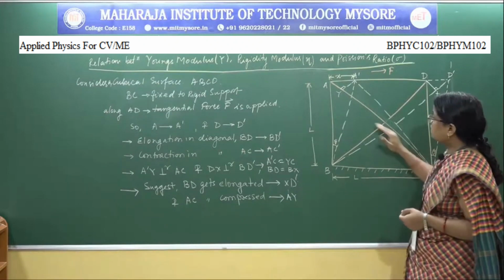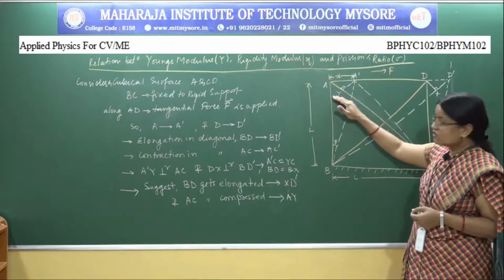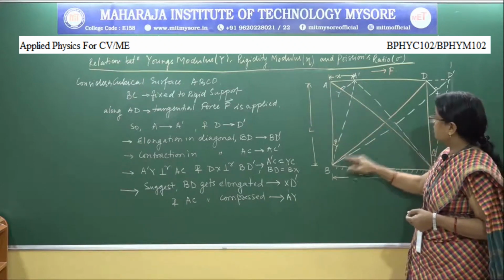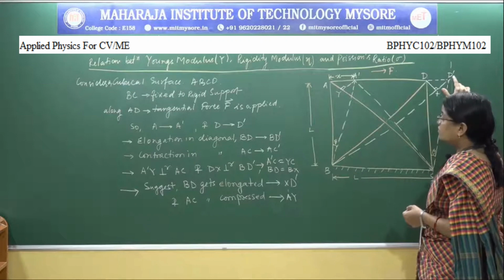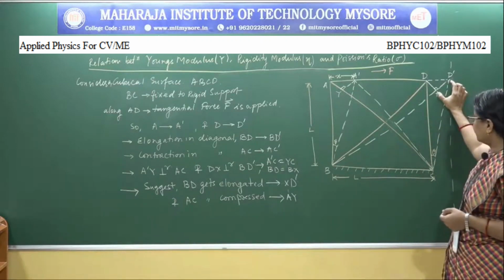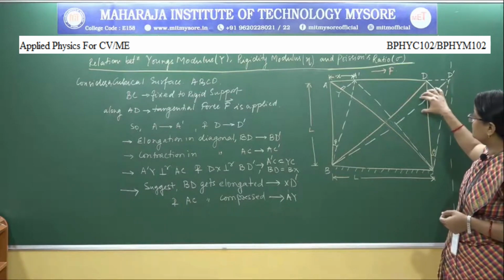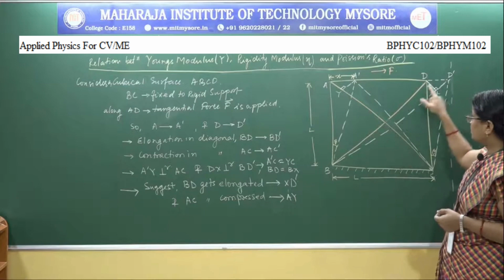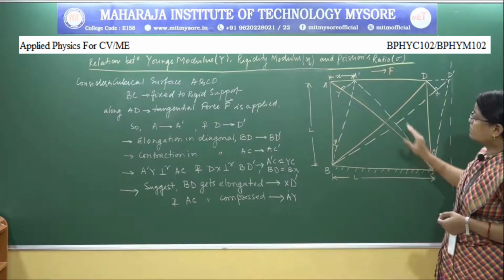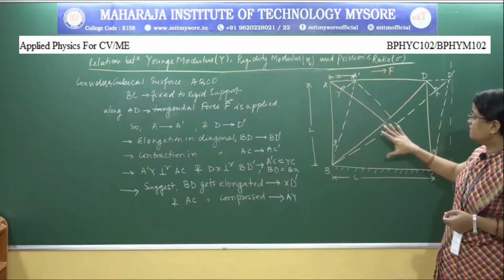And there is a compressive stress along AC which also helps in the elongation of the diagonal BD. So the change XD dash, we understand, is due to the tensile stress along BD and due to the compressive stress along AC.